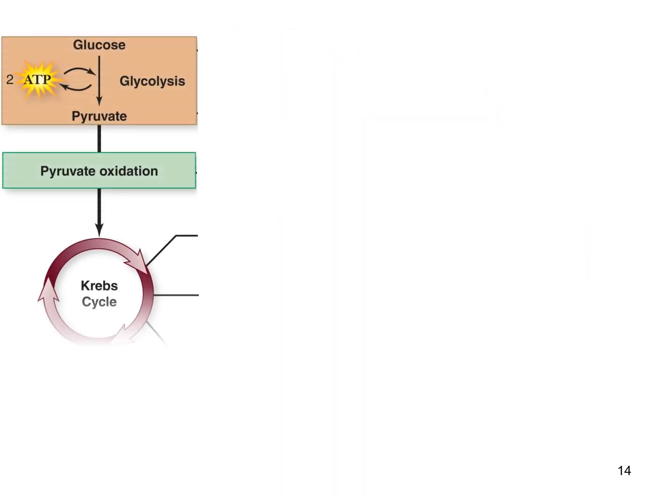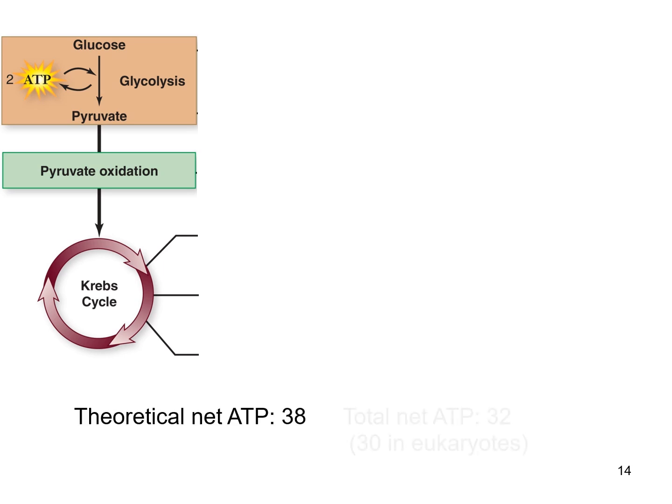So let's compute the total amount of energy produced by aerobic respiration. The theoretical yield of ATP during aerobic respiration is 38. The actual yield for eukaryotic cells is less than that due to many other biochemical reactions occurring simultaneously in the cell.